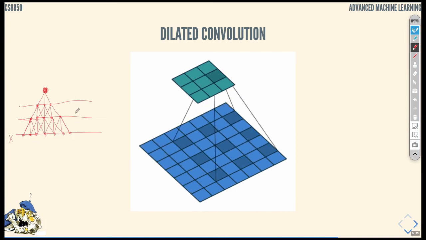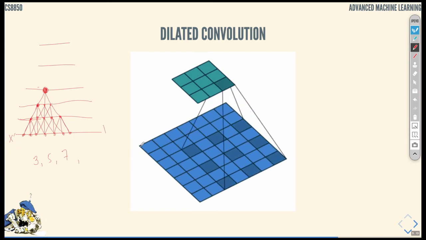Notice that the first one sees 3, the second layer sees 5, the third one sees 7, and how far in depth you need to go in order to see most of the image or the whole image. 100.